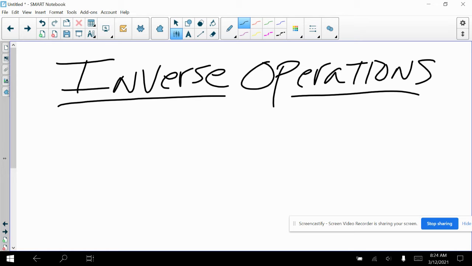Addition and subtraction go hand in hand. Okay? They go together. They're inverse operations. If you want to solve an addition problem, you subtract. If you want to solve a subtraction problem, you add.